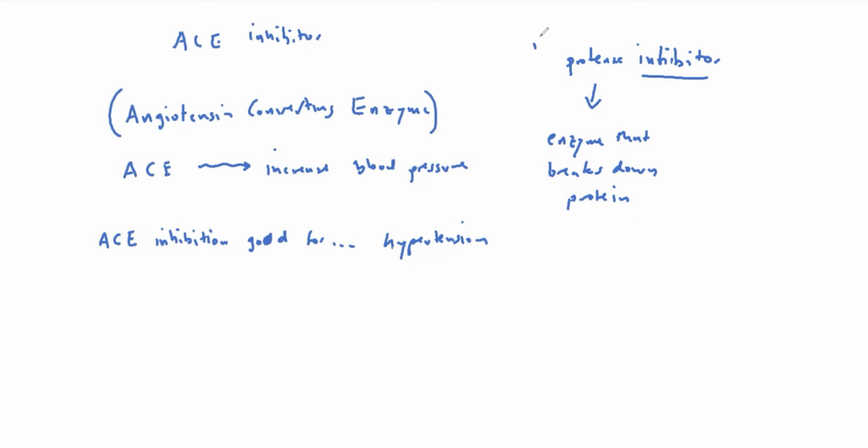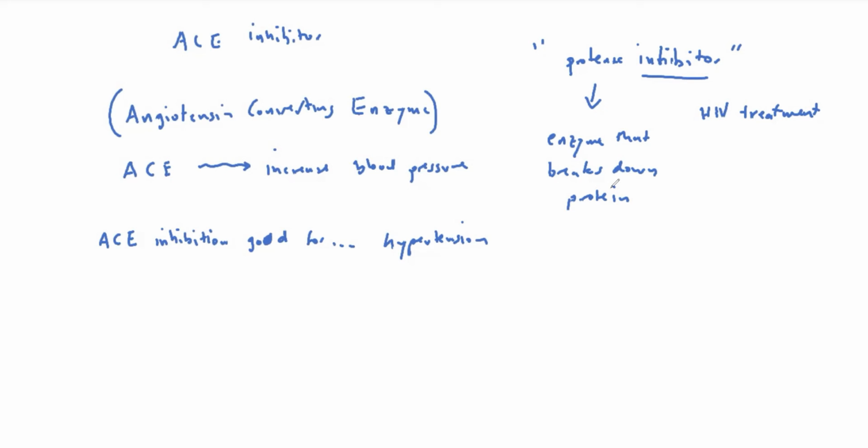When you hear the term protease inhibitor, you're probably talking about somebody who's being treated for HIV. Modern HIV treatment is typically going to involve some cocktail of protease inhibitors as well as potentially some other antiviral drugs.